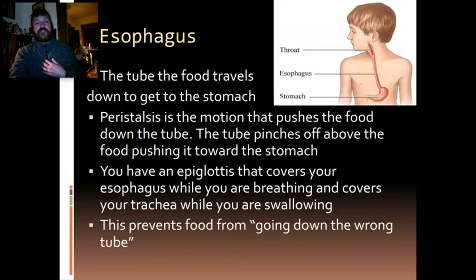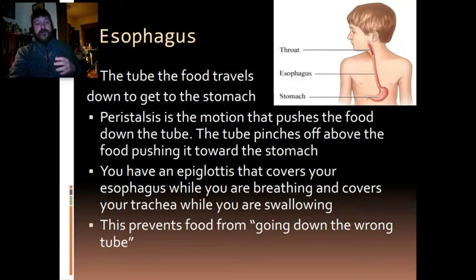Esophagus, that's a tube from your throat down to your stomach. Through the process of peristalsis, which is a series of waves of squeezing, essentially, above the food as it's moving down, the esophagus will squeeze in kind of rings as it moves down to the stomach, and it's kind of like squeezing out the last bit of toothpaste out of a toothpaste tube.